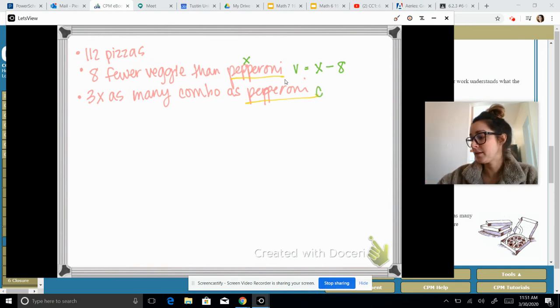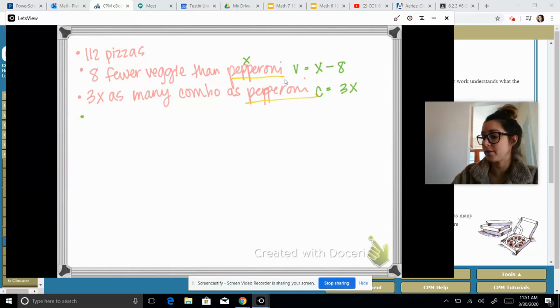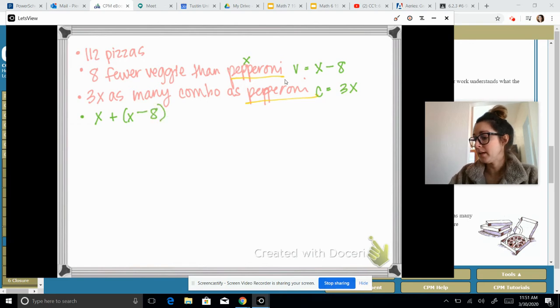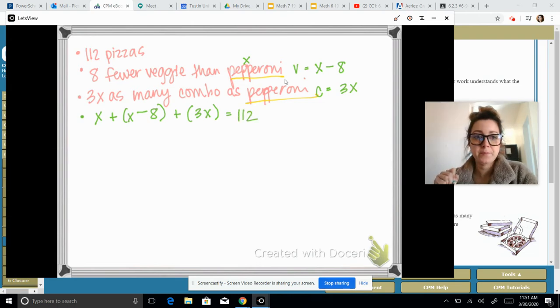So our combo pizzas was 3X because it's 3 times as many pepperoni pizzas. And then altogether, they had 112 pizzas. So our expression altogether would be the pepperoni pizzas plus the veggie pizzas plus the combo pizzas is 112 pizzas total.